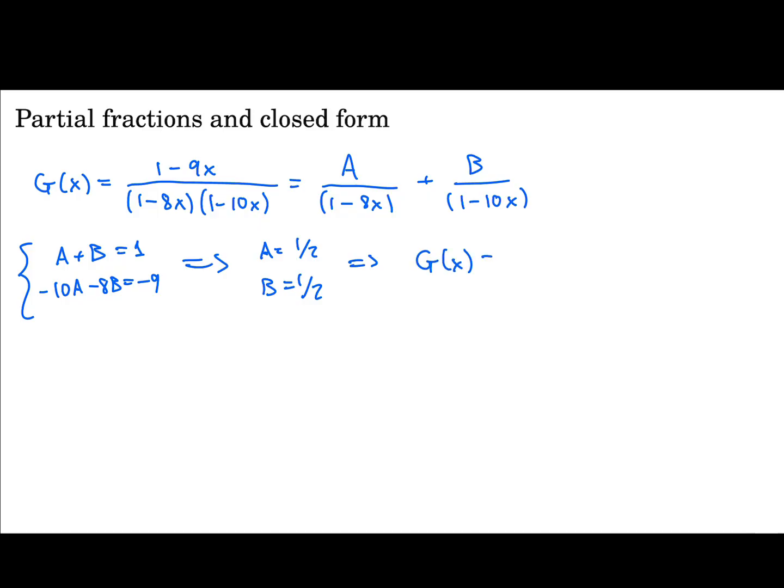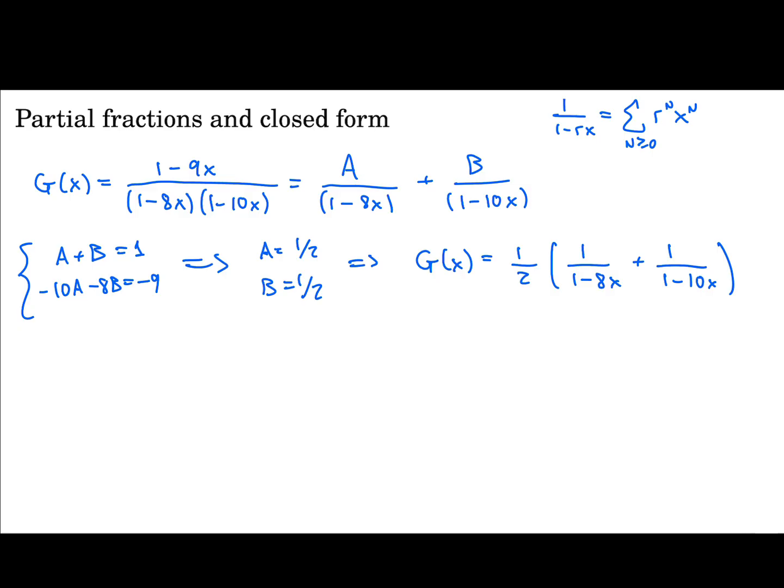which means that our g of x is going to be equal to half, 1 over 1 minus 8x plus 1 over 1 minus 10x. Once again, we have the geometric series. The 1 over 1 minus rx is the summation n larger or equal than 0, r to the n, x to the n, which means that this is a geometric series for 8, and this is the geometric series for powers of 10.